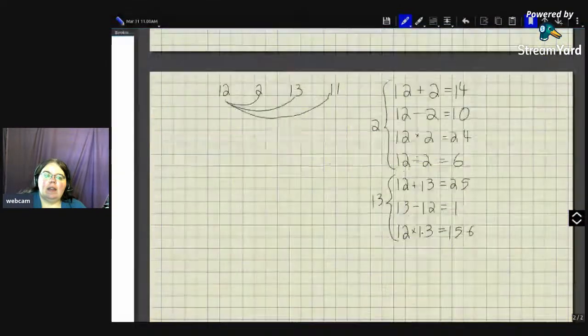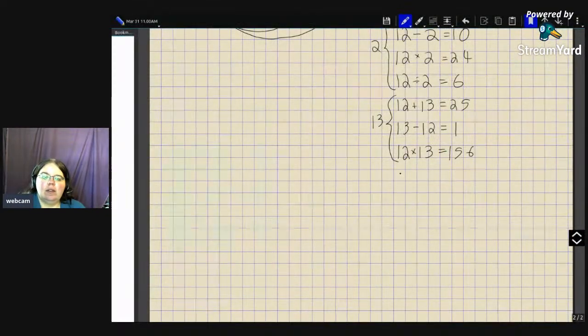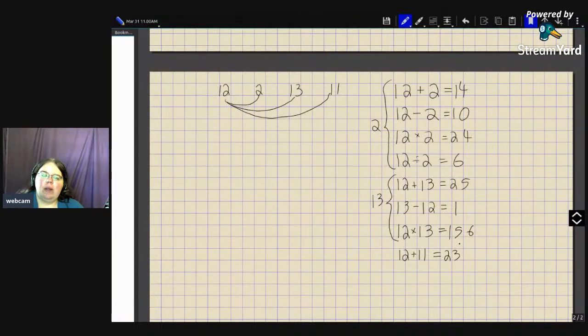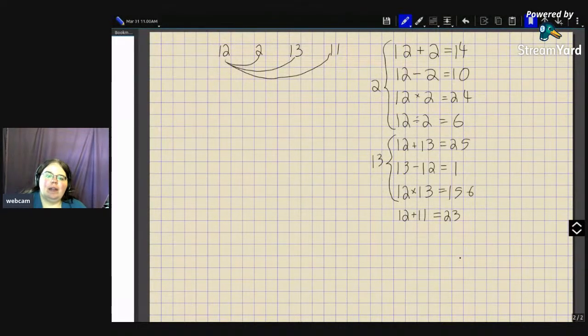And then the 11. So 12 and 11 would be 23. If I could just get another 1. But my other 2 numbers in that case would be 2 and 13, and I don't see how to extract a 1 from them. 12 minus 11 would be 1.